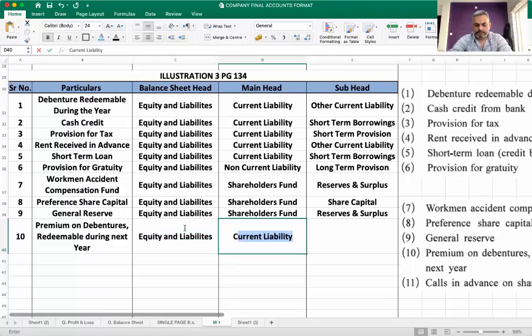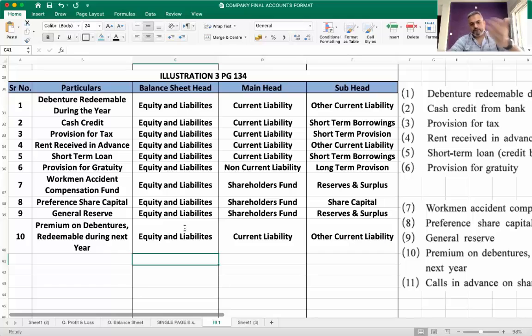Equity and liabilities, current liability, other current liability, because we have to pay it during the next year. So within one year we are going to pay it off.